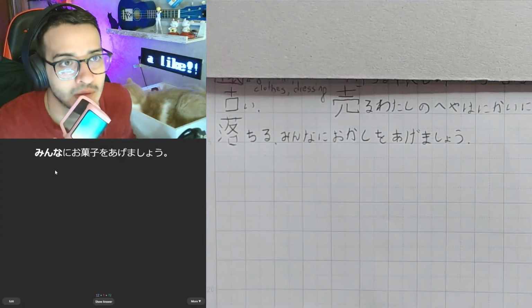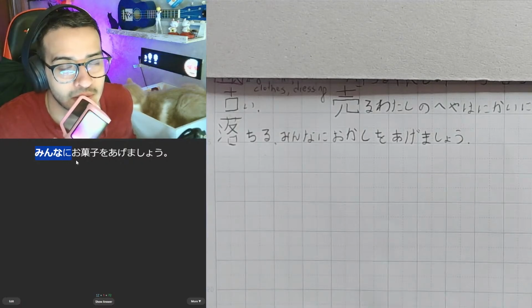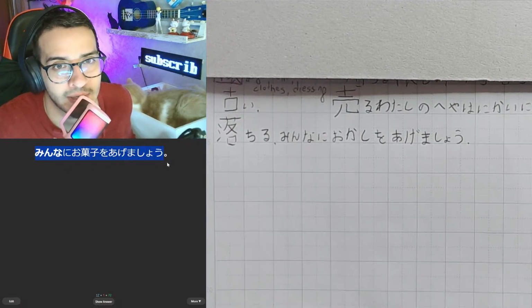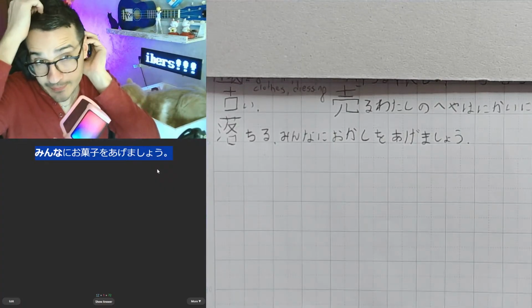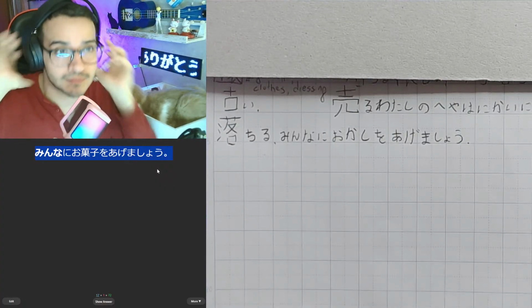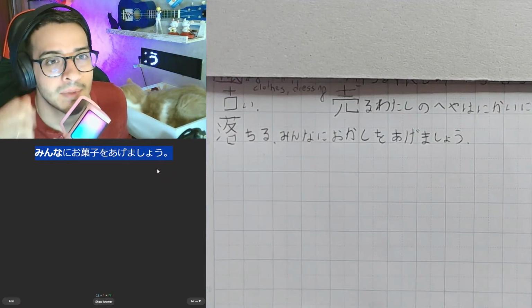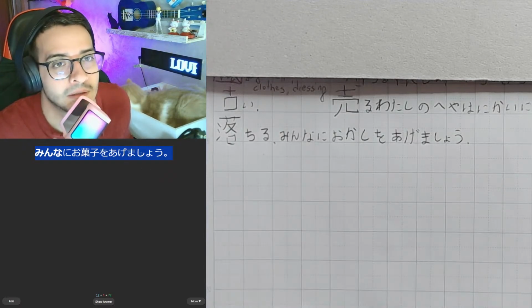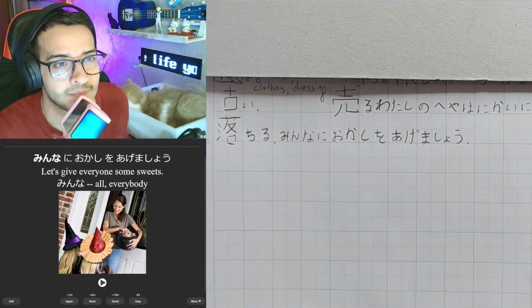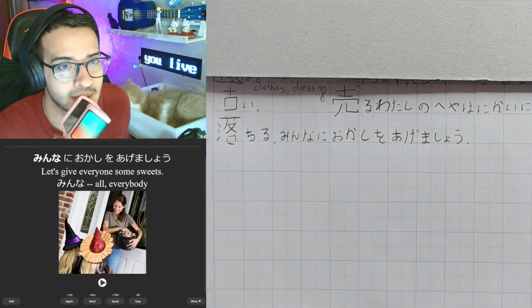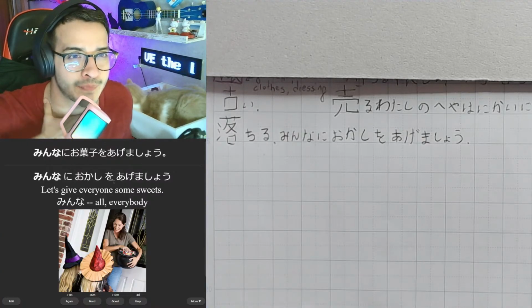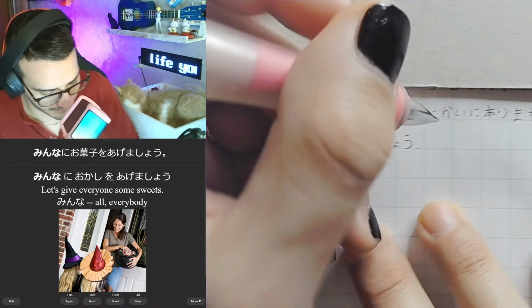Alright, let's read. みんなにお菓子をあげましょう。Meaning, let's give everyone some sweets. So let's review the okashi kanji, right?